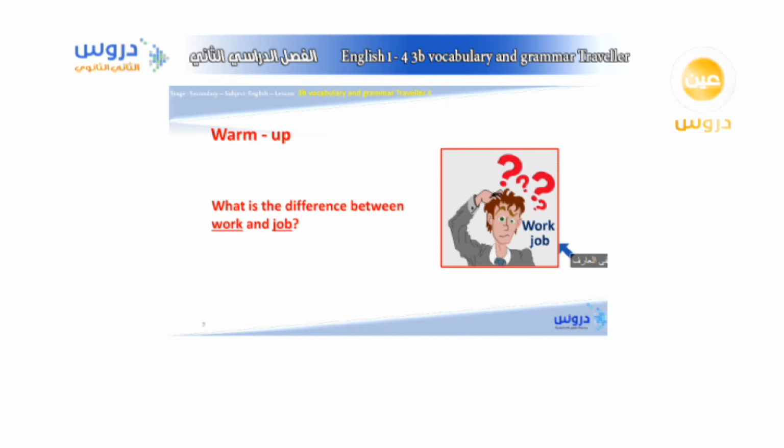Work means anything you do as work, like homework, classwork, housework, and you can do it at any time, at 2 a.m., 1 a.m., 3 p.m., 1 p.m. But for job, most of the time we use it for things you do every day, like a job in the government, like a job as a teacher, and so on.